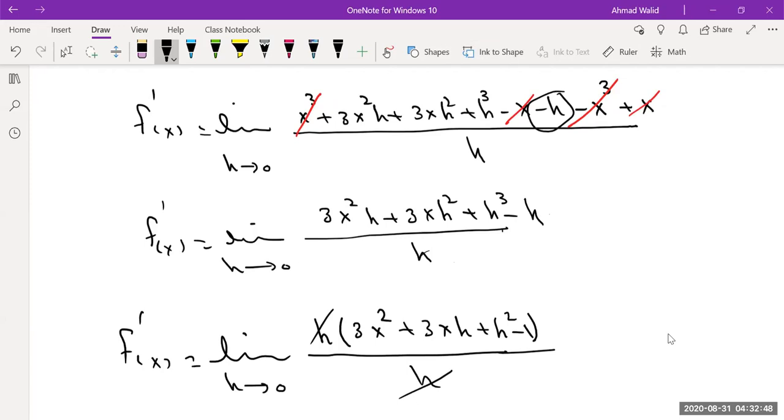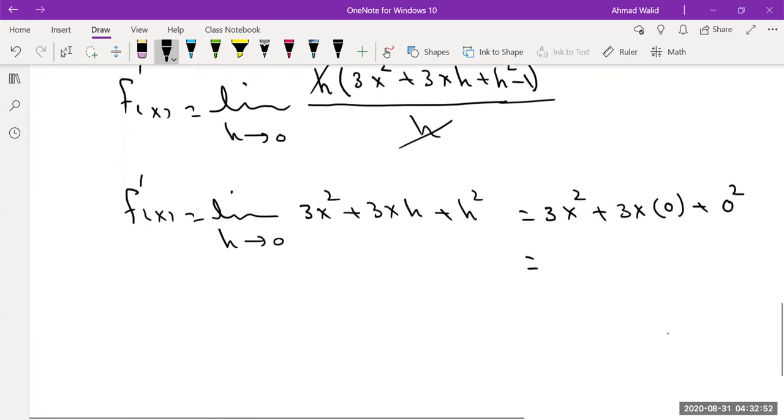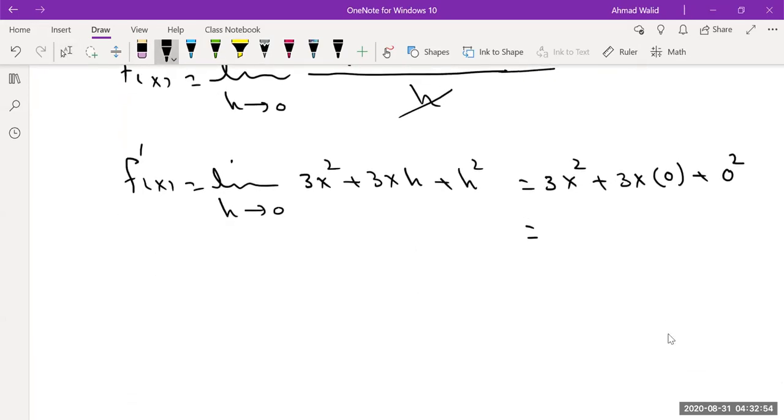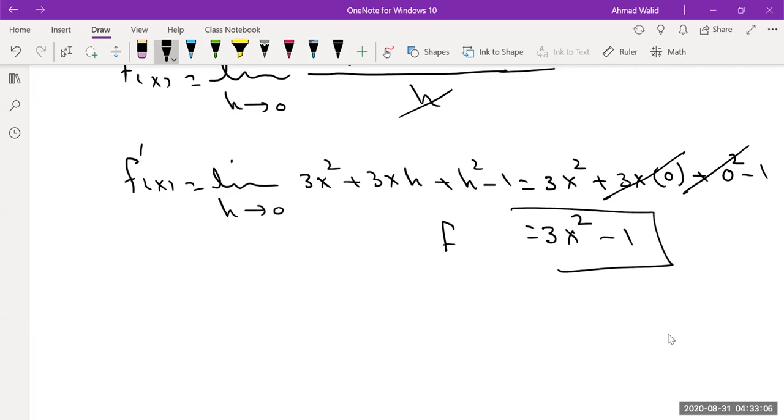I missed one h. And now if I take h as a common factor, minus 1, correct? In all the steps, I'll add minus 1. And here, minus 1. Okay, this one becomes 0. This one becomes 0. My answer is 3x squared minus 1, which is f prime of x.